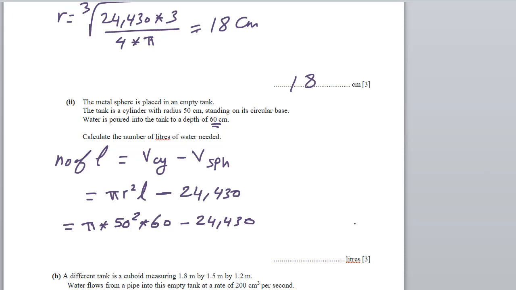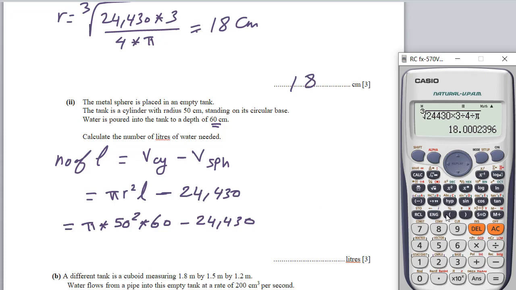Now this value will be in centimeter cube. We need to divide it by 1000 to find it in liters. So let us find the value now. So open the bracket, just pi multiplied by 50 square multiplied by 60 minus 24,430.